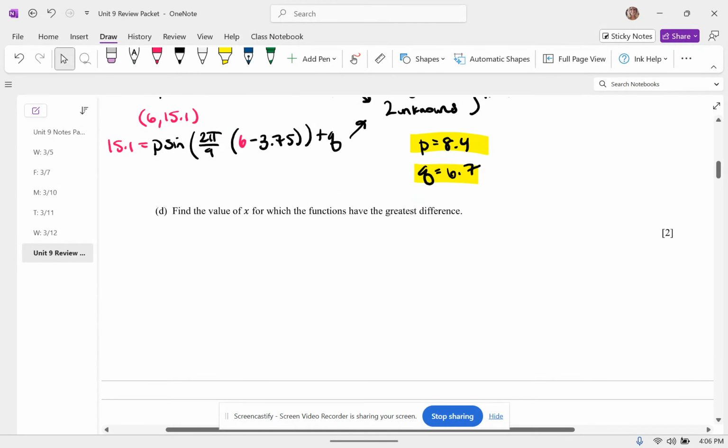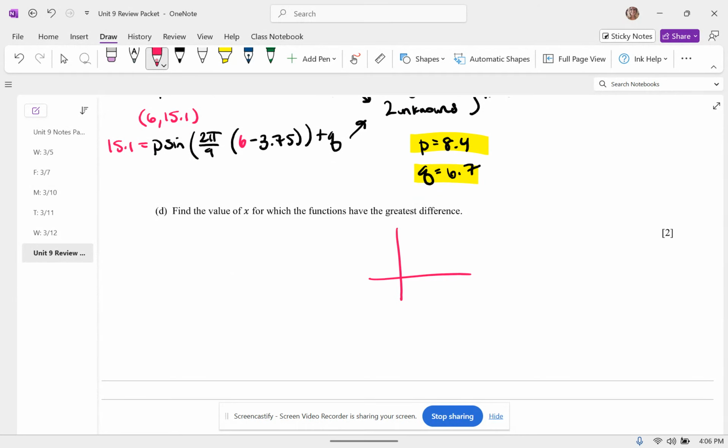D. Find the value of x for which the functions have the greatest difference. Okay, let me walk you through greatest difference, right? Think about two functions: you could have a function going like this, and then a function going like this. The greatest difference might happen over here, but you might only be looking at the positive parts, right?